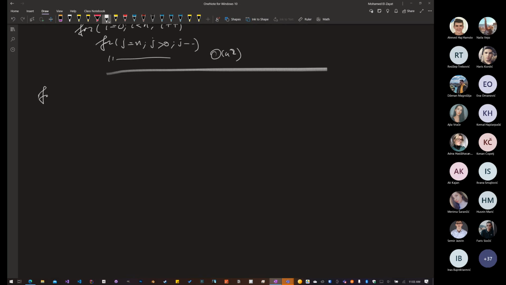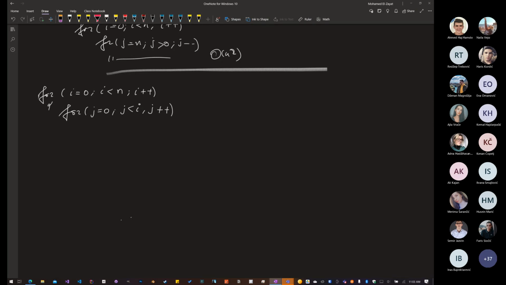So we got for i equals 0 and i is less than n, i plus plus, and then we open braces, and then we have another one for j equals 0, j is less than i, we have j plus plus.